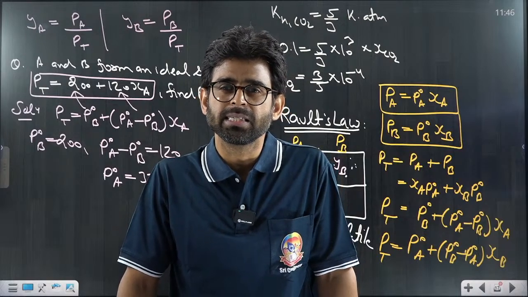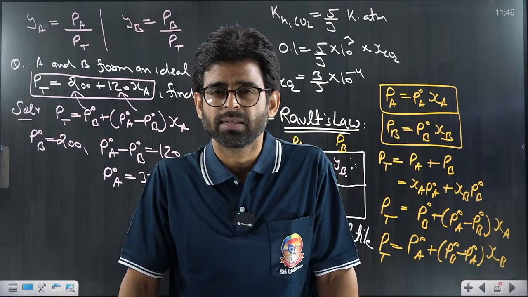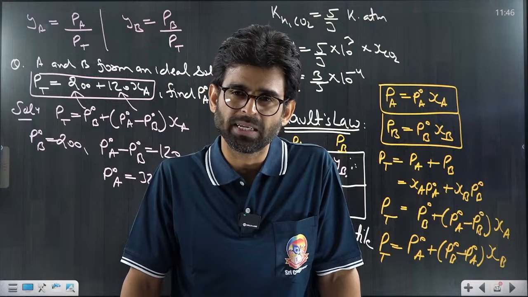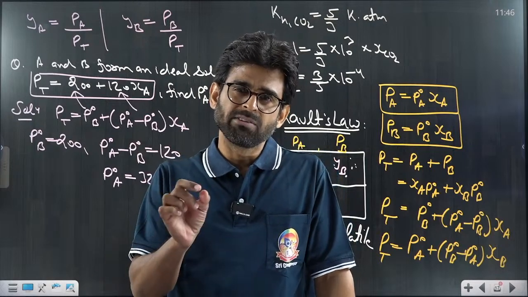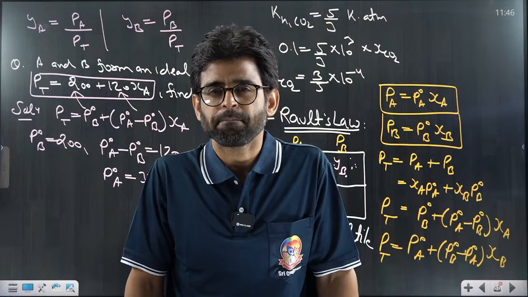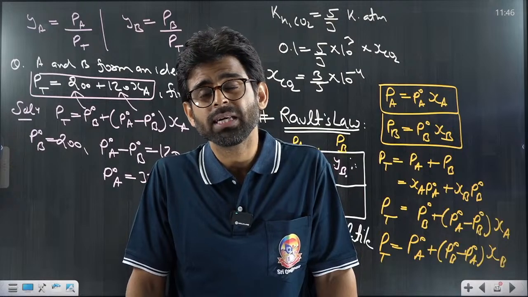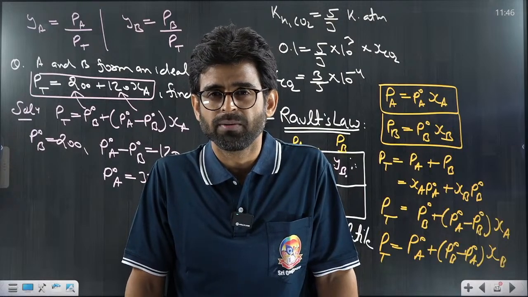Like 68% HNO3 with water makes a maximum boiling azeotrope, whereas almost 95% ethanol and water mixture makes a positive deviation azeotrope, or you can say a minimum boiling azeotrope, right?